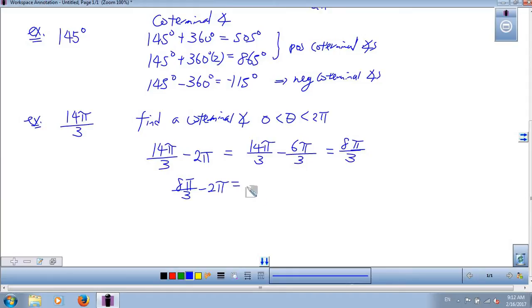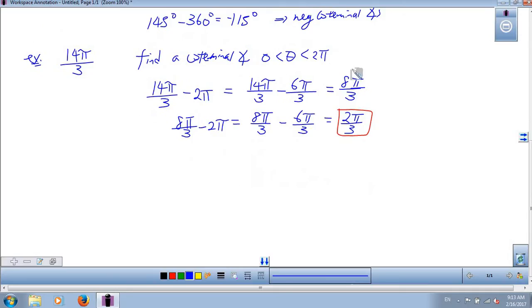We have to subtract 2 pi to the point that it is between 0 and 2 pi. So this is going to be 8 pi divided by 3 minus 6 pi divided by 3. So then we got 2 pi divided by 3. And now I think that's less than 2 pi. So that would be the correct coterminal angle for 14 pi over 3 between 0 and 2 pi. Now 8 pi over 3 here is a coterminal angle, but it's not between 0 and 2 pi.